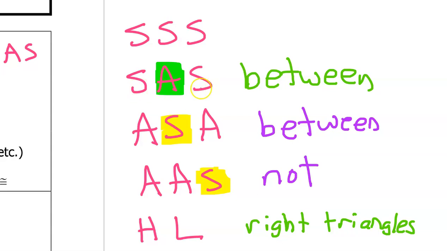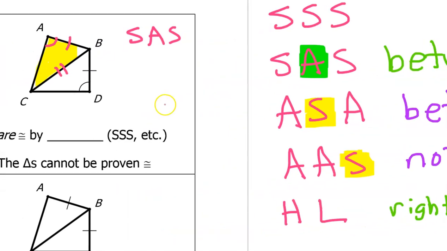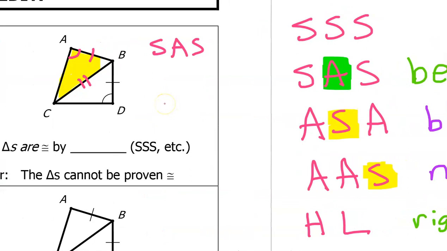If the angle is between the two sides, then it's SAS. So let's really focus on the two sides we have. Here's one side that is marked congruent, and here is the other side that is marked congruent. Now, look at the spot where they meet. This is the angle that is between those two sides. Is that the angle that was marked congruent?